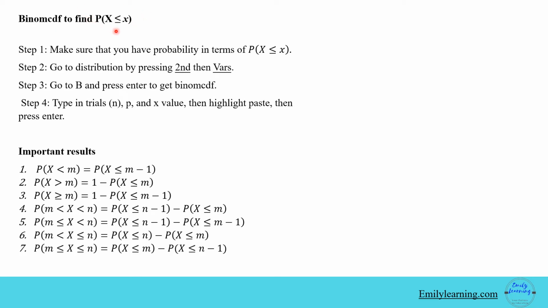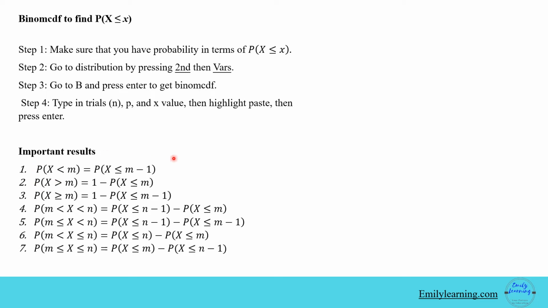This is because they have written the code for Binomcdf to calculate P of X lesser than or equals to x only. So if you do not have P of X lesser than or equals to x, then you need to change to get this. The first step whenever you want to use Binomcdf is to make sure that you have the probability in terms of P of X lesser than or equals to x. If not, you need to convert.